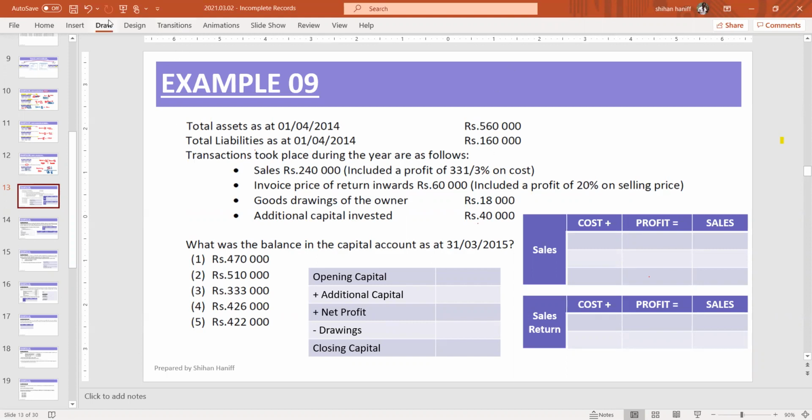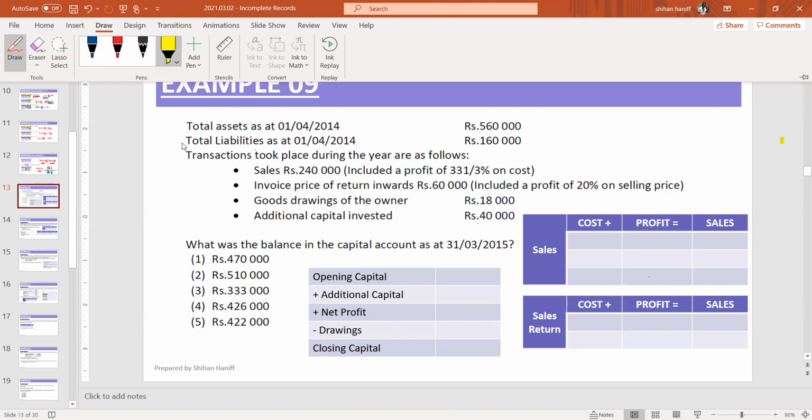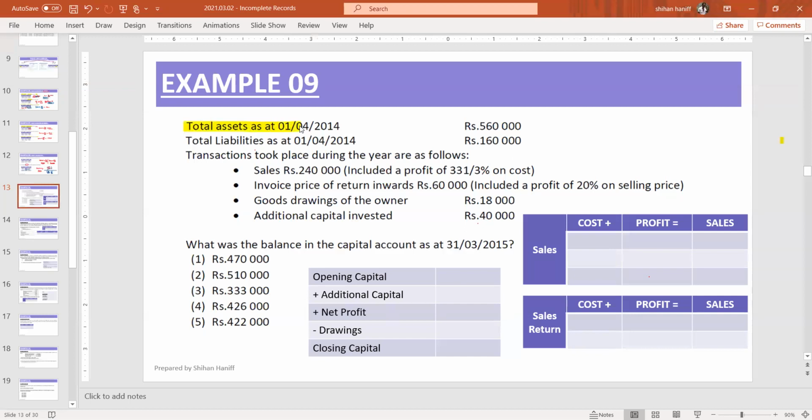Let me summarize the question. Total assets as at 1st of April 560,000.